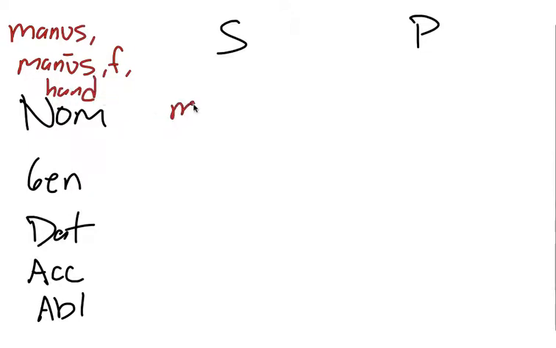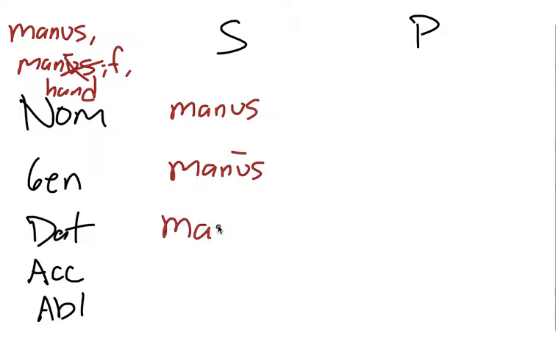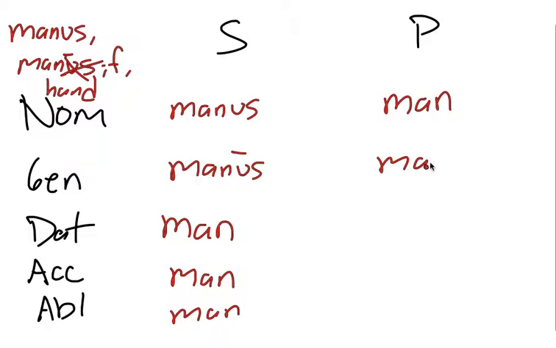Okay, so we already have our nominative, manus, and we have our genitive, manus. Okay, I'm going to take away the genitive singular ending to get the base. So I'm going to write out the base. And then after I have written out my base, I'm going to add in the endings for fourth declension.